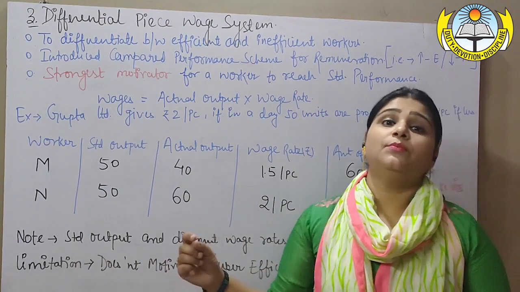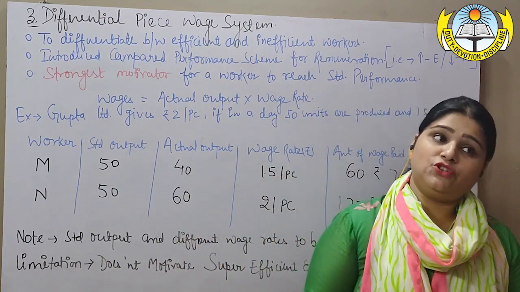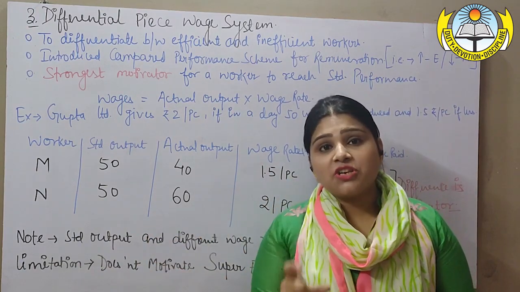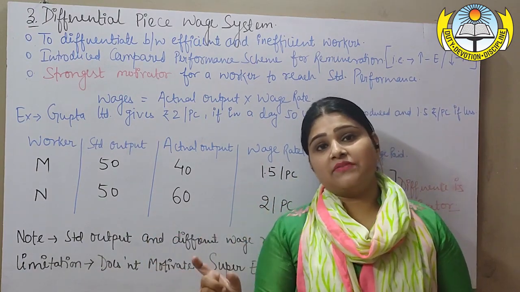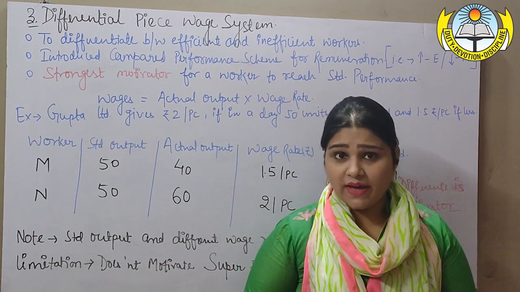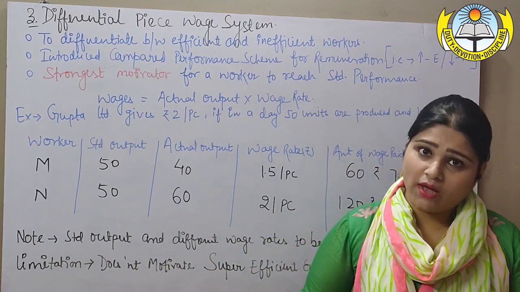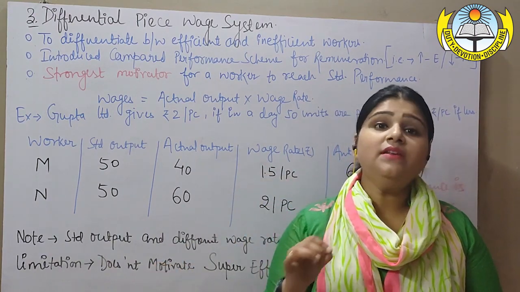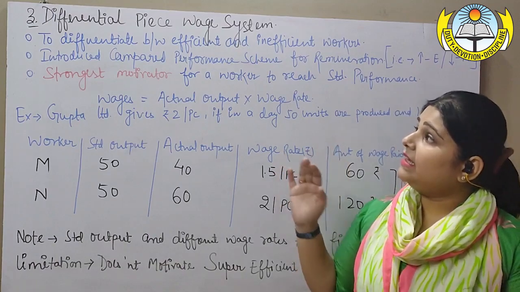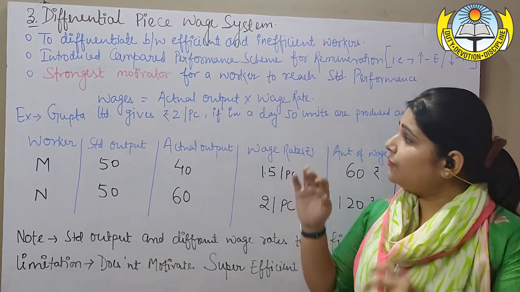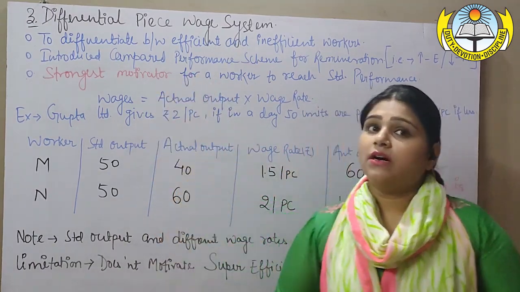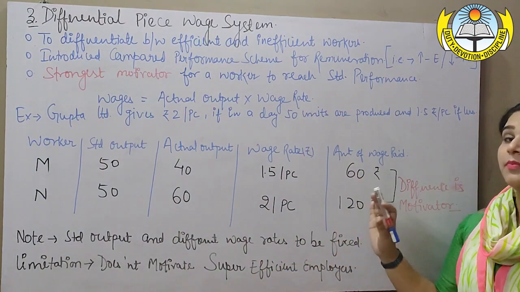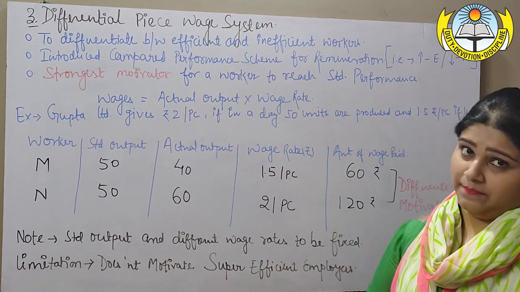Efficient employees achieve the standard output in the given time, whereas inefficient employees are not able to achieve it. Taylor was of the opinion that if we use two different wage rates, this will help us motivate the people.